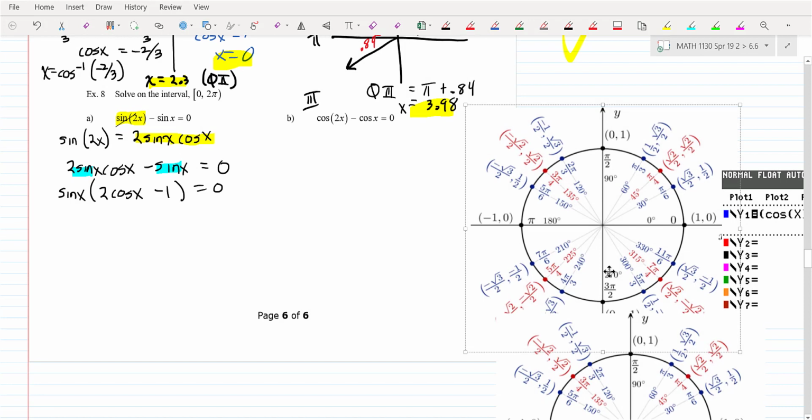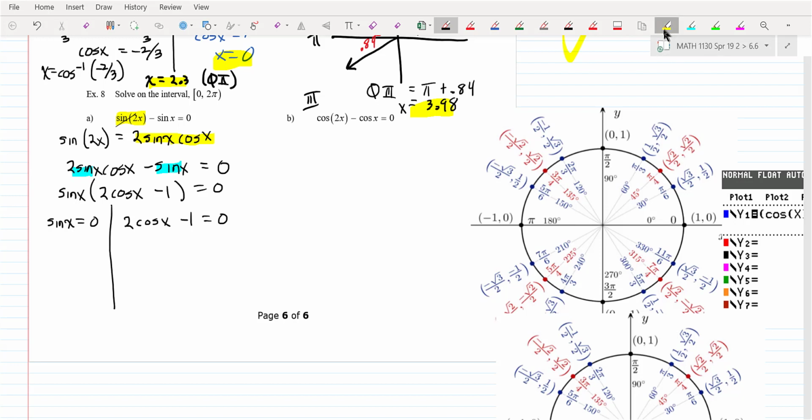Now what we'll do is we'll just go to the unit circle. So we set each factor equal to 0. Like I said, these problems always end up with this last step. If you factor, you have to look at each factor equals 0 and then go to the unit circle. Okay, this is usually the easy part of the problem. Okay, so how many places on the unit circle is the sine 0? 2, right?